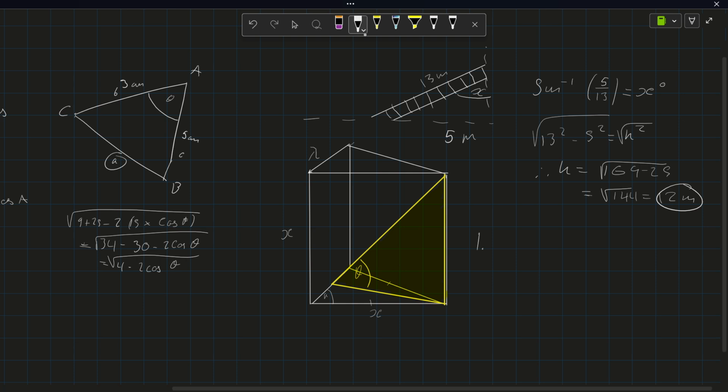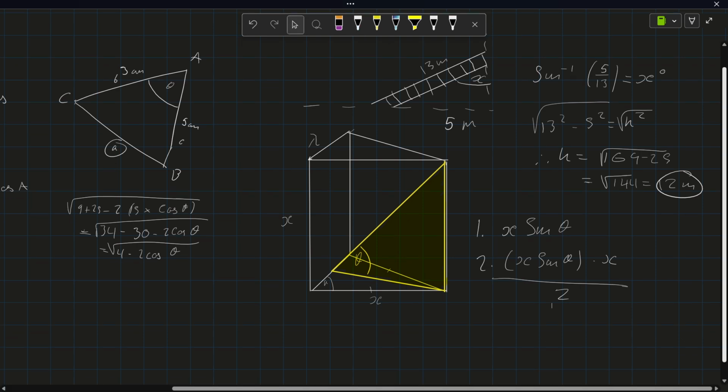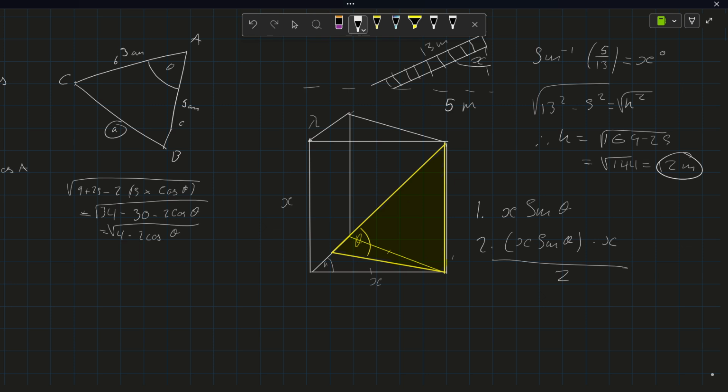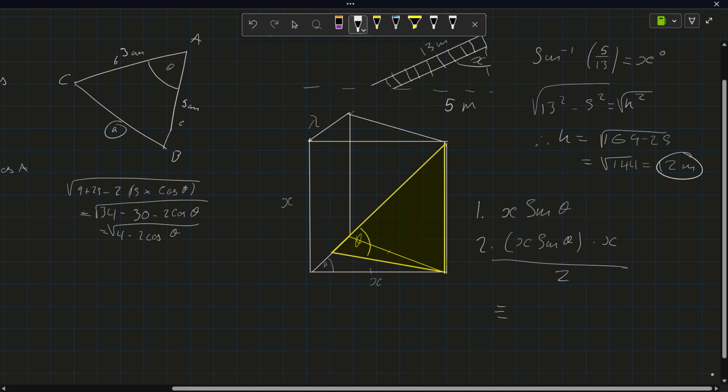Anyway, obtain this length, which would be x sine theta. Correct me if I'm wrong. Then step 2, we just do x multiplied by x over 2, which you could just rewrite as x squared.